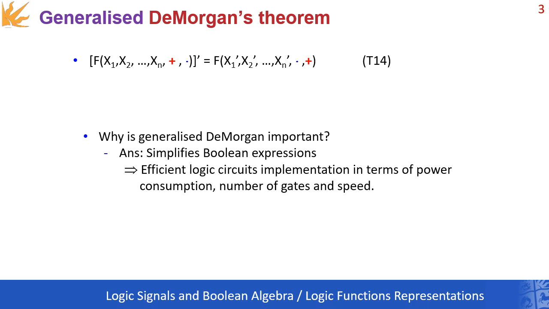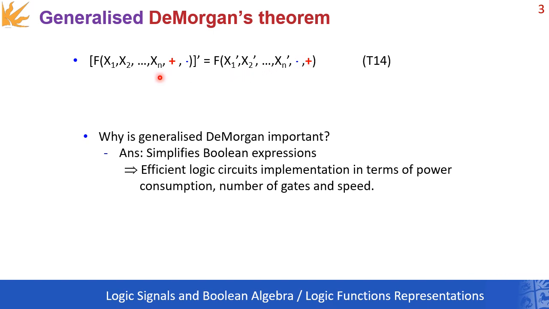But let's remind ourselves what we were taught during lecture 5, and more specifically, let's remember De Morgan's theorem. Now, according to De Morgan's theorem, as you should remember by now, if you're given a function with a series of variables and some ORs and ANDs over here, if you invert the function, then the result is the same function, only with all the operands being inverted, and all the operators themselves also being inverted.